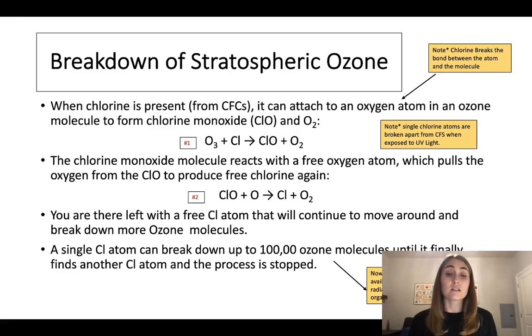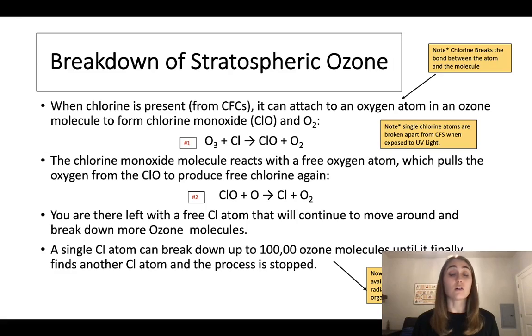So in the presence of chlorine atoms, we see a lack of ozone forming because we see this free radical chlorine bonding to an oxygen. This is called chlorine monoxide. Chlorine monoxide will then interact with free radical oxygen atoms.